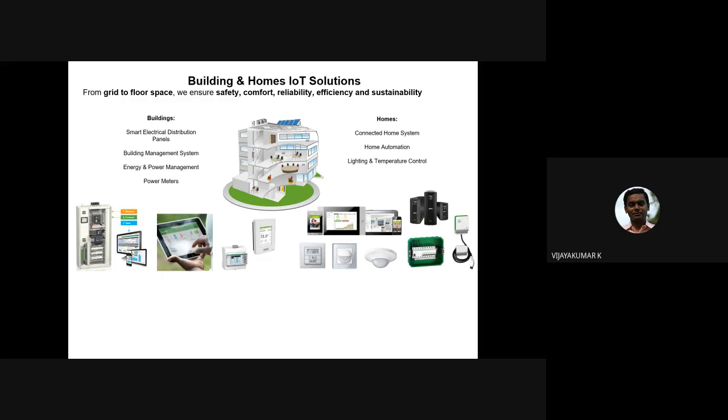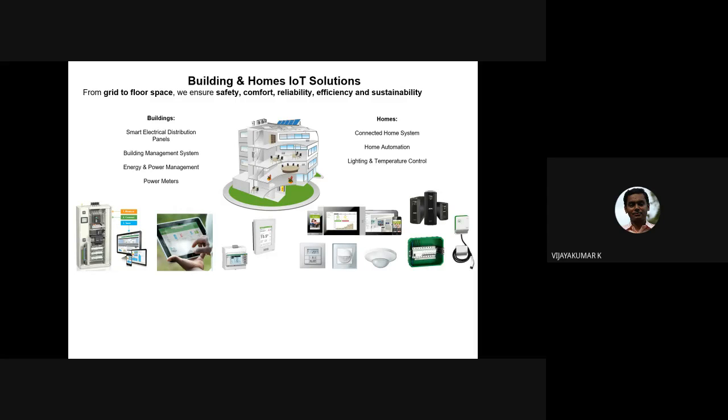Here we have smart switches and smart devices, and all the devices are able to communicate with each other. That means we have wireless communication protocols in these devices so that we can interact with them. By interacting with these devices, we can save energy in the building. That's our main objective.